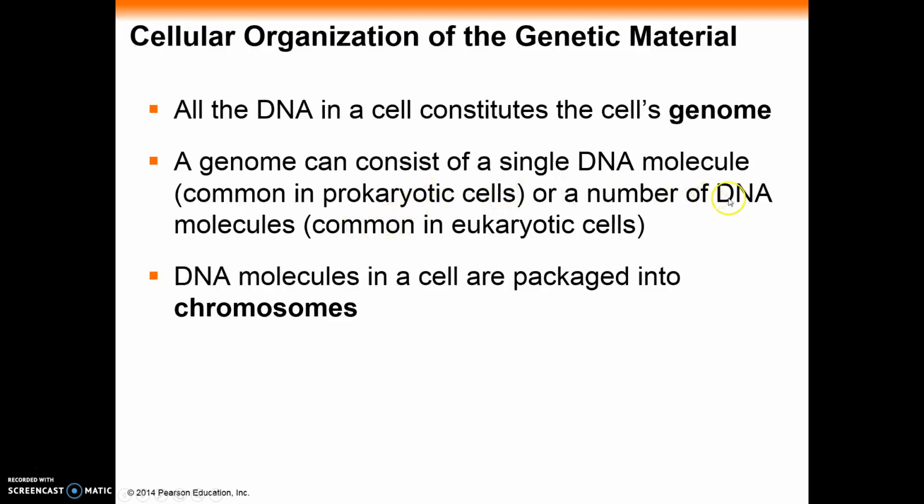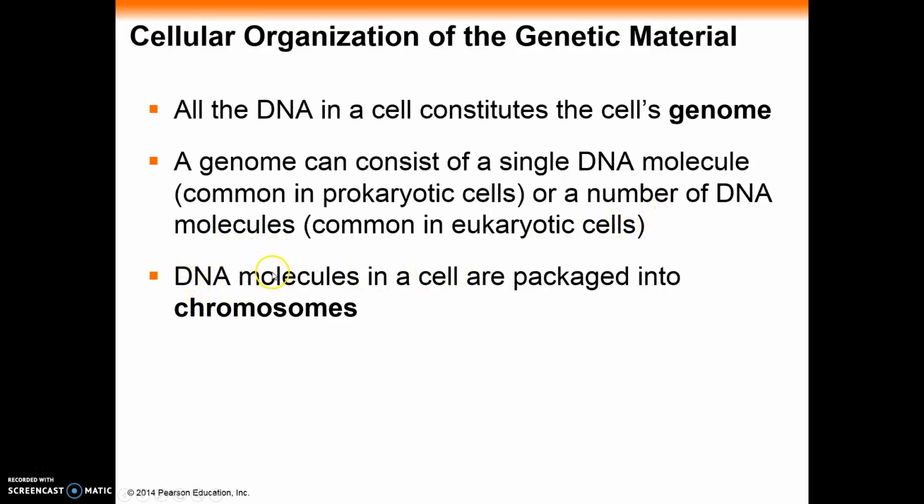Or it could be a number of DNA molecules. And this is what happens in eukaryotic cells. Eukaryotic cells typically have several linear pieces of DNA that together constitute our entire genome.